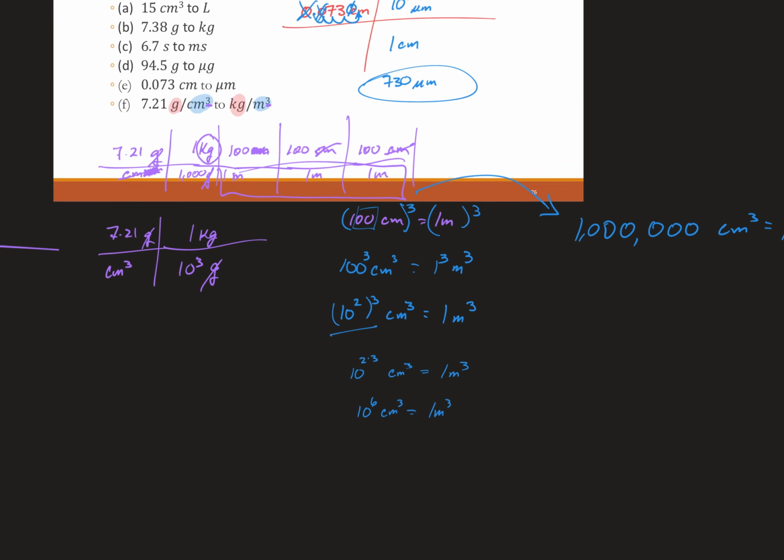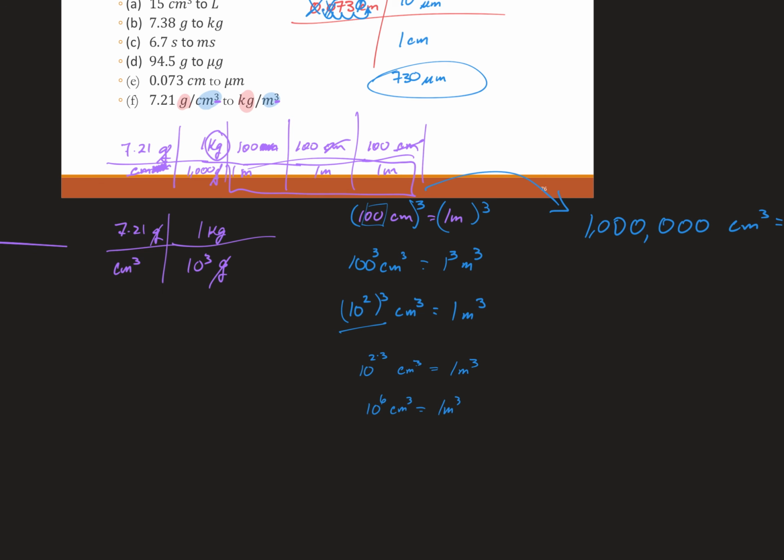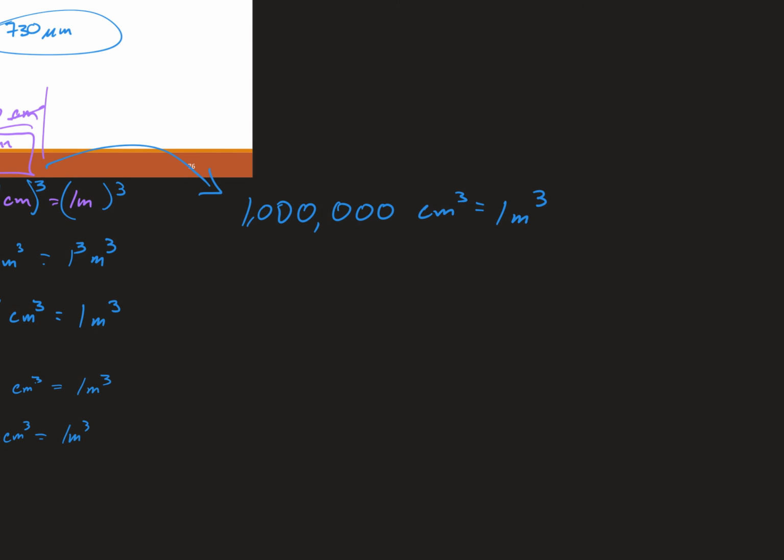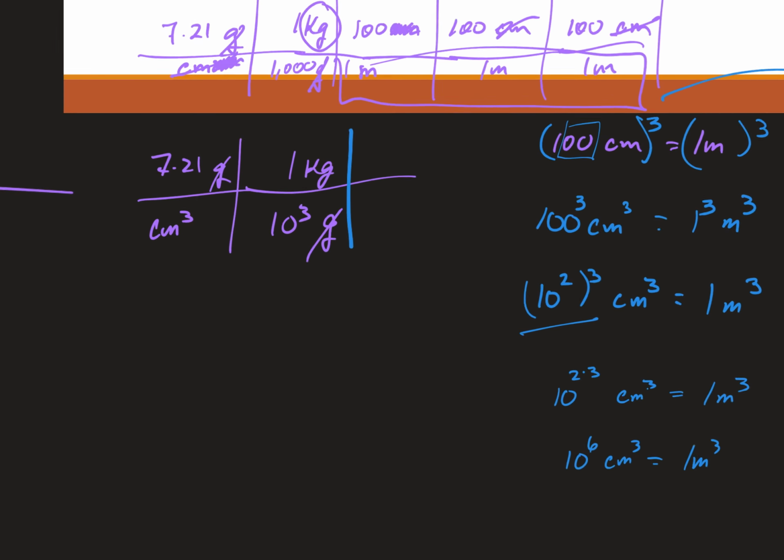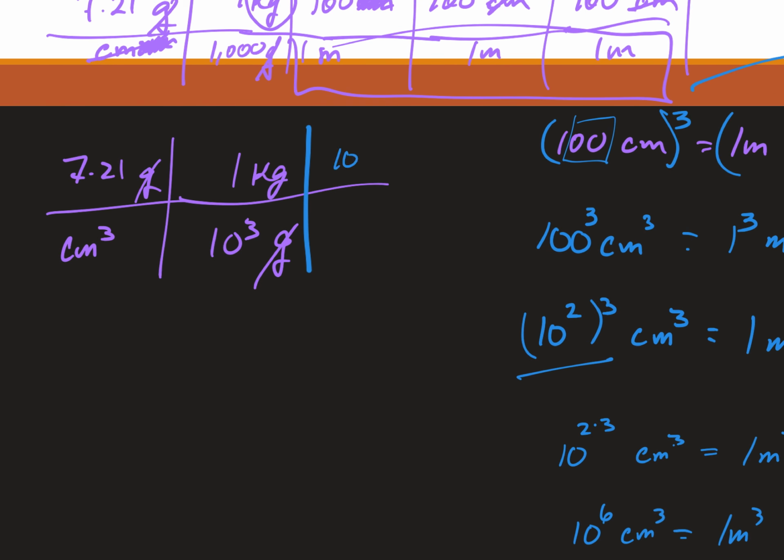All right, so you have to do that 3 times. Now over here, because we have 1,000,000, I'm going to write it as 10 to the 6th cubic centimeters is 1 cubic meter, just to make this the simplest way. The cubic centimeters cancel out, and again, kilograms per cubic meter.